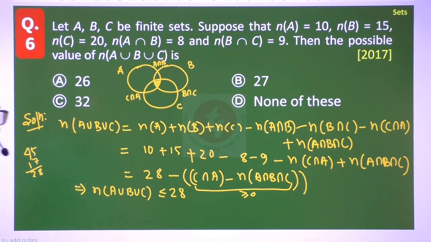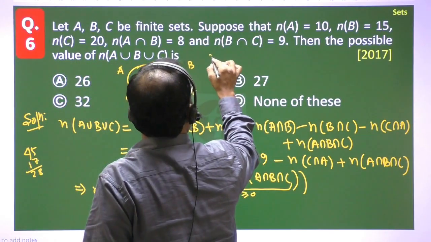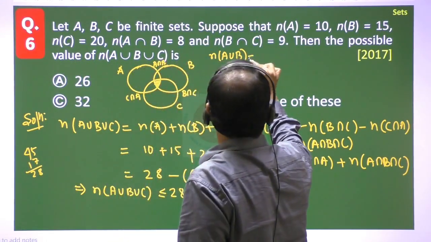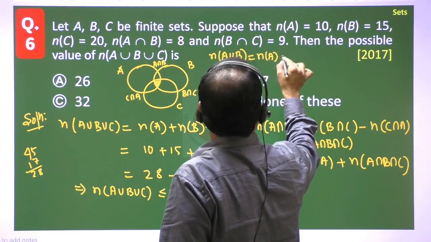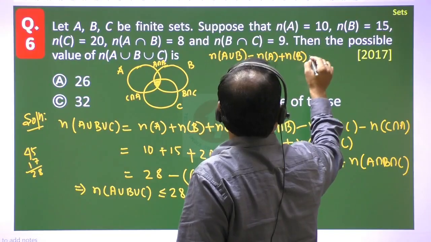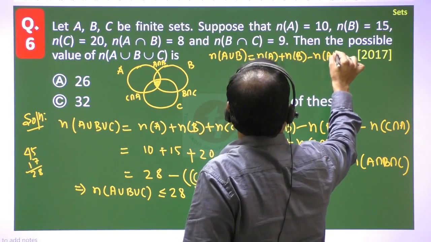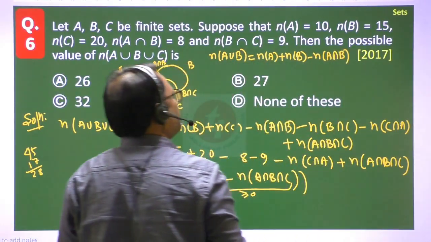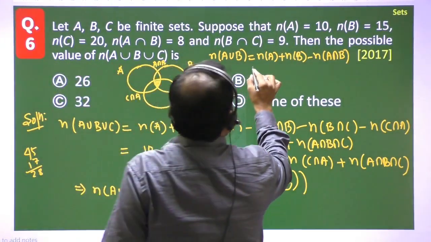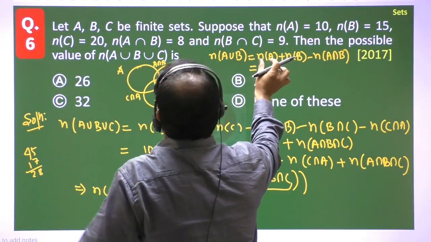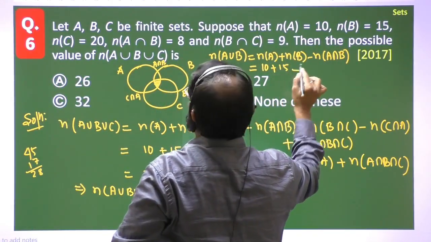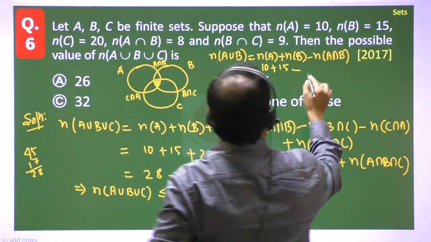Now next thing we can apply here, n of A union B. N of A union B is what? N of A plus n of B minus n of A intersection B. You notice that n of A is given as 10, n of B is 15, that is 25, and their intersection is 8.